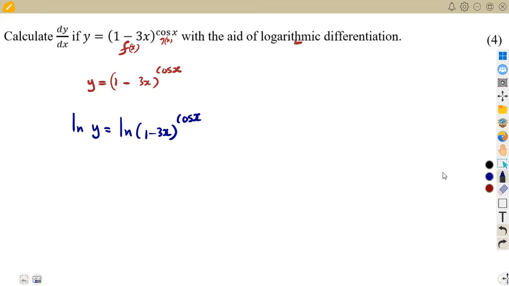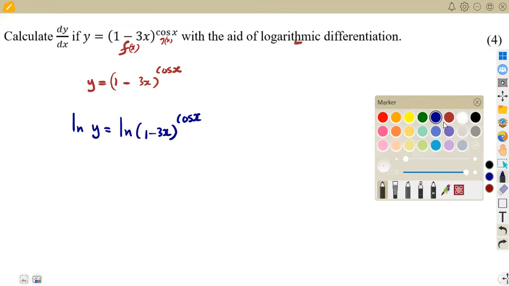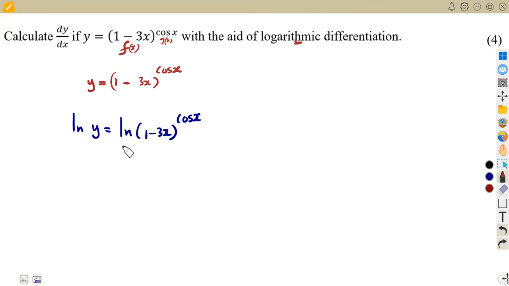The moment you introduce the logarithms, if you check on the right-hand side, there's a law that can be applied because it's a log, this part, raised to a certain exponent. And we understand from our laws of logarithms that if we have, let us just write a, whatever letter that you want, or you can just have m here, the ln of a to the exponent of m is the same as m times the ln of a, meaning to say m is raised as an exponent.